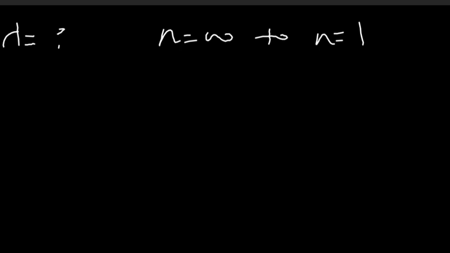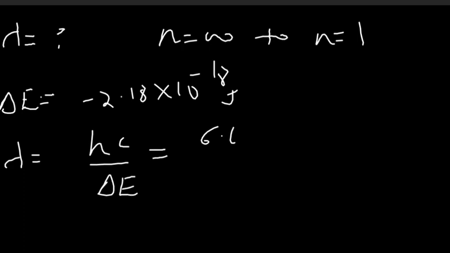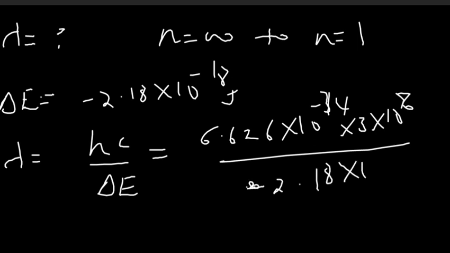When you find the change in energy, it equals -2.18 times 10 to the power of -18 joules. But what we are asked is the wavelength. So wavelength equals hc over change in energy: 6.626 times 10 to the power of -34 multiplied by 3 times 10 to the power of 8, divided by the change in energy, which is 2.18 times 10 to the power of -18.